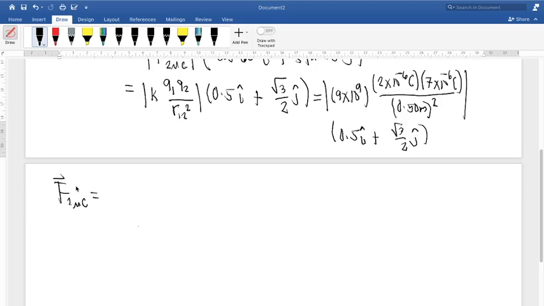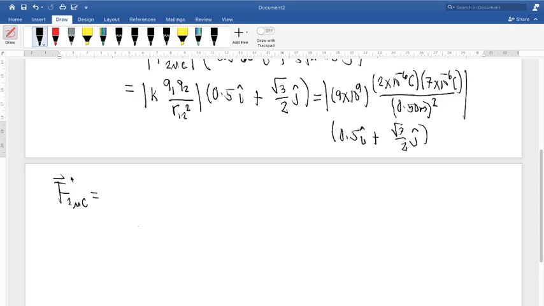So we have here 9 times 10 raised to 9. Then multiply with 2 times 10 to the negative 6. And then multiply again this one to 7 times 10 to the negative 6 divided by 0.50 squared.